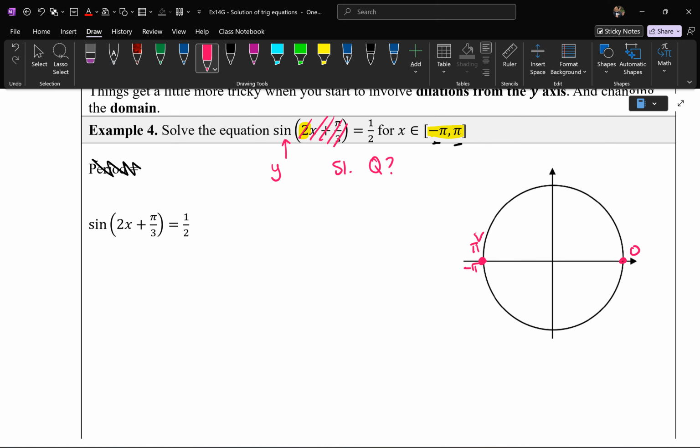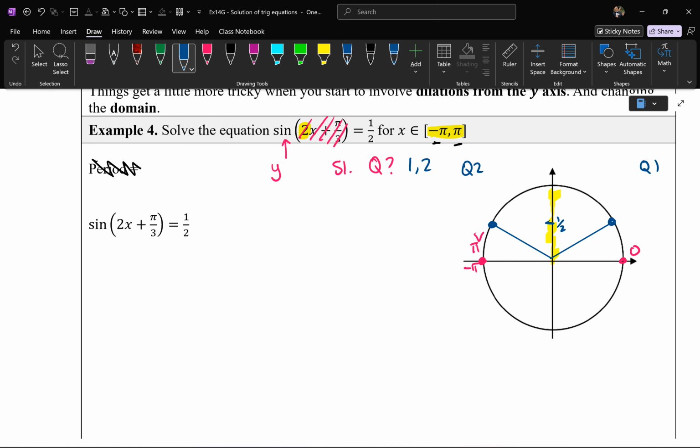So that means it must be the y value is positive over here. I need the y value to equal to half. So that means there's only 2 points. These are the only 2 points where sine can have a height of half. So quadrant 1 and quadrant 2. Q1, Q2. That's step 1.